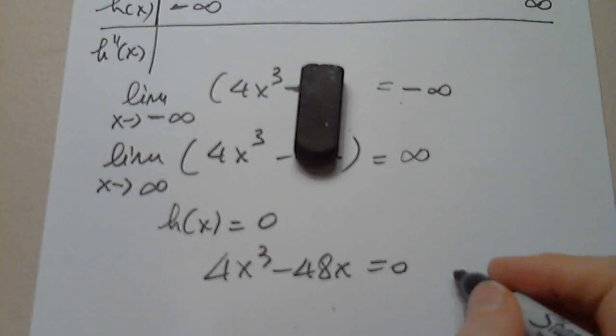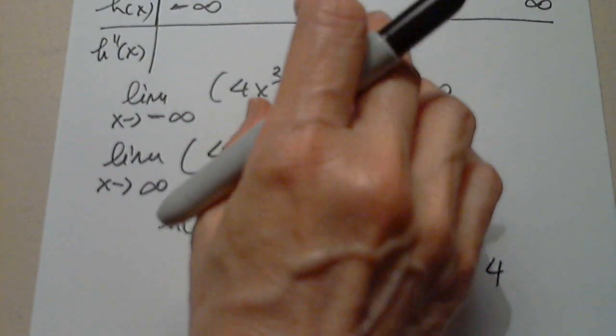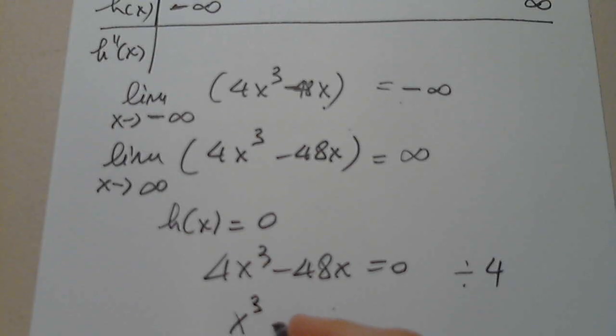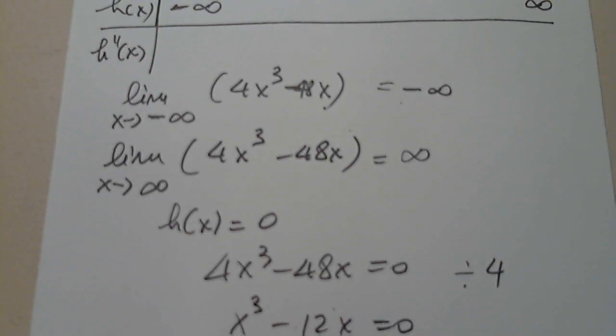Of course, I'm going to divide both sides by 4 to simplify the equation. Never divide by x or expression with x. No, never. But you can clean up factors. Like we were able to make up factors in the integration. Yeah, who cares? 4 times 1/4 is 1. Okay, so then we have x to the third minus 12x equals 0.